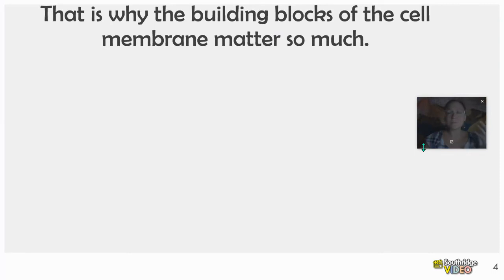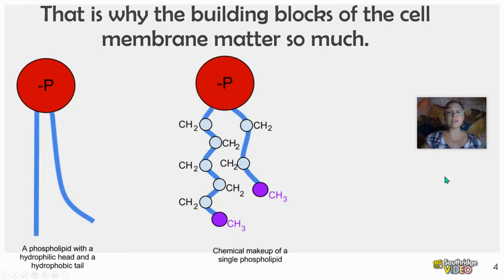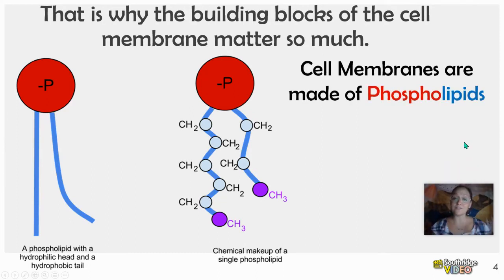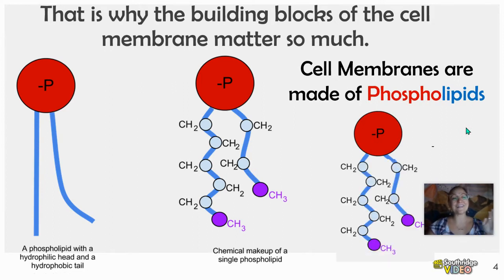So the building blocks of the cell really are important in controlling or regulating what can enter or leave. So here we have what is called a phospholipid. The red part is made out of a phosphate group, and then the blue part is made out of lipids. So when we talk about phospholipids, there's two parts. You have the phosphate group, as well as the lipids.